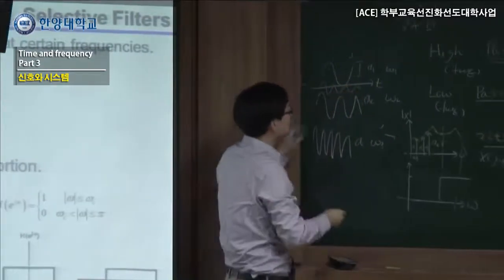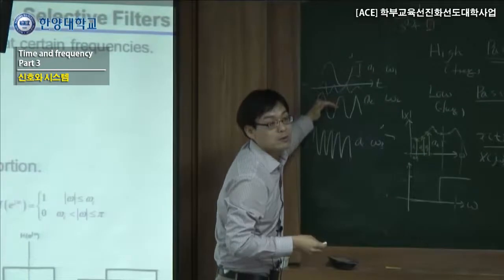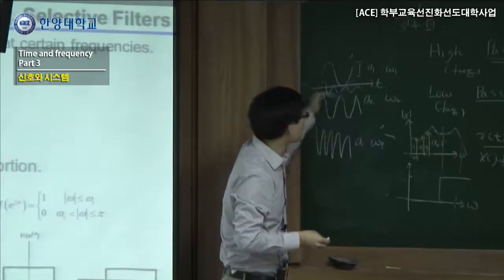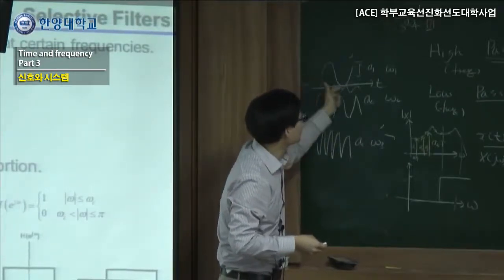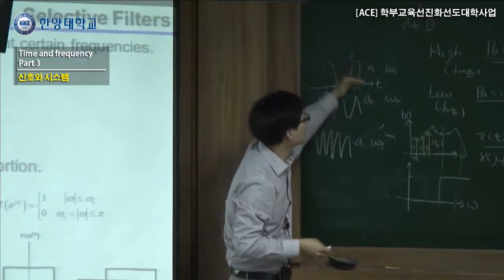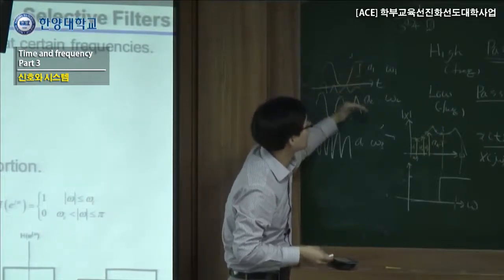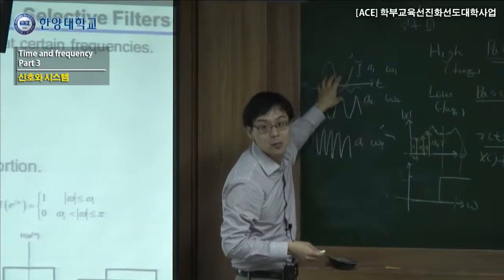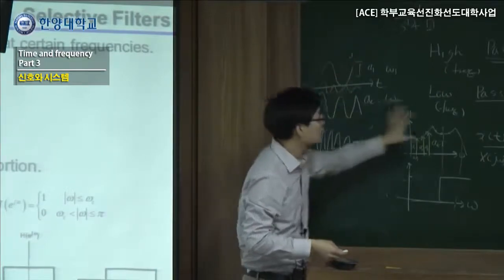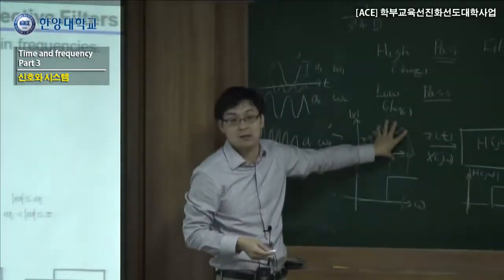There's another frequency. There is an infinite number of frequencies, slightly slower than this, slightly faster than this, at this point. We add them together to see the signal of X.